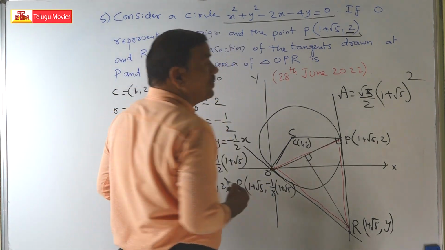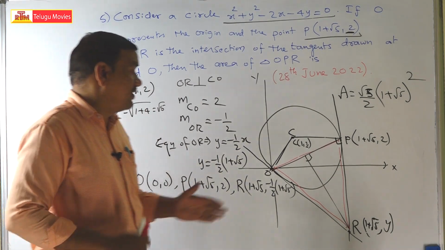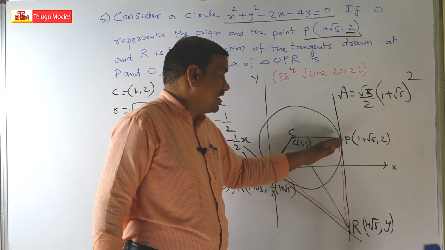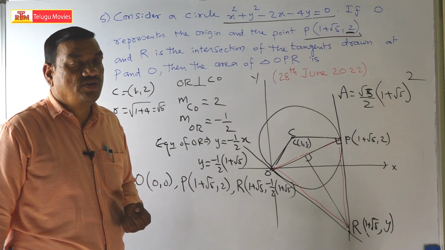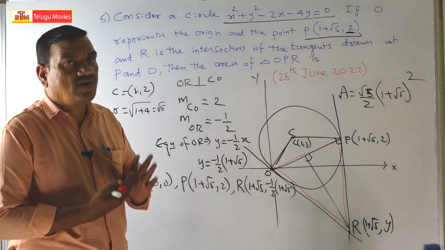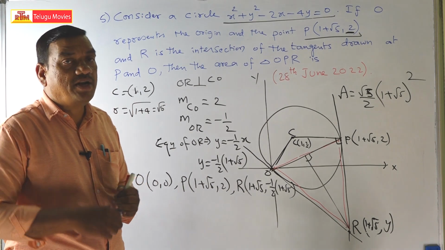This is the height, the perpendicular length. I think that is somewhat difficult, because finding the equation of this line and again finding the perpendicular distance takes somewhat lengthy. This method is comparatively better than that method.